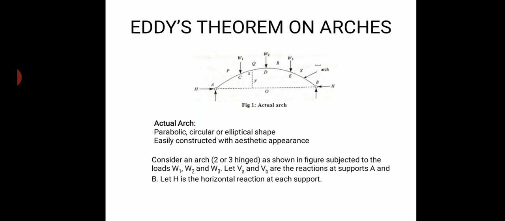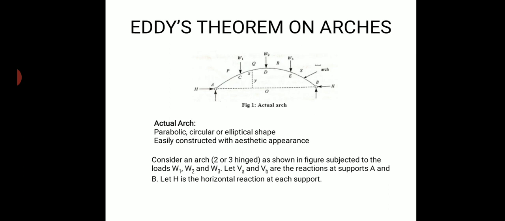A and B are the two hinged supports with the vertical reactions VA and VB, and H is the horizontal reaction, equal in magnitude and opposite in direction, at both the ends A and B.